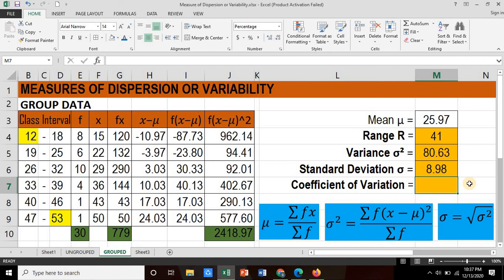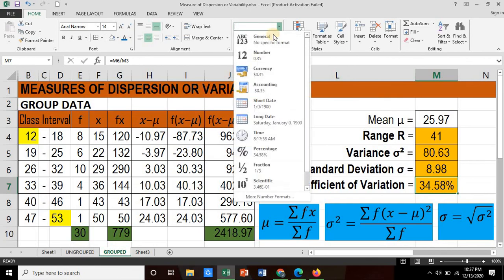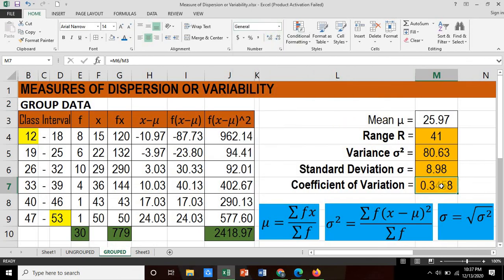For the last measure of dispersion, the coefficient of variation, this is equals the standard deviation divided by the mean. Enter, and you have a value of 34.58%. Normally, the value that will appear would be a decimal value, so you have to convert this to percentage by simply multiplying by 100%.